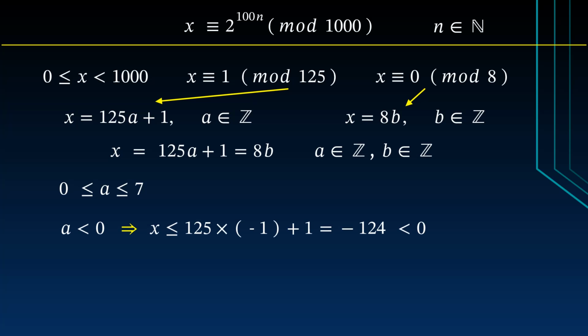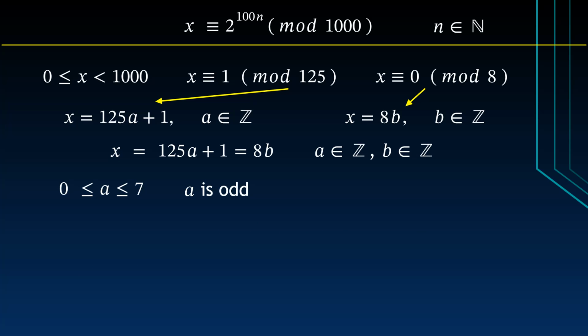As for a negative a, the value of x will be negative, while with an a of 8 or more, the value of x will be over 1000, which also should not happen. Secondly, a must be an odd number, because if a is even, then x is odd and is not divisible by 8. This leaves the following values for a: 1, 3, 5, and 7.